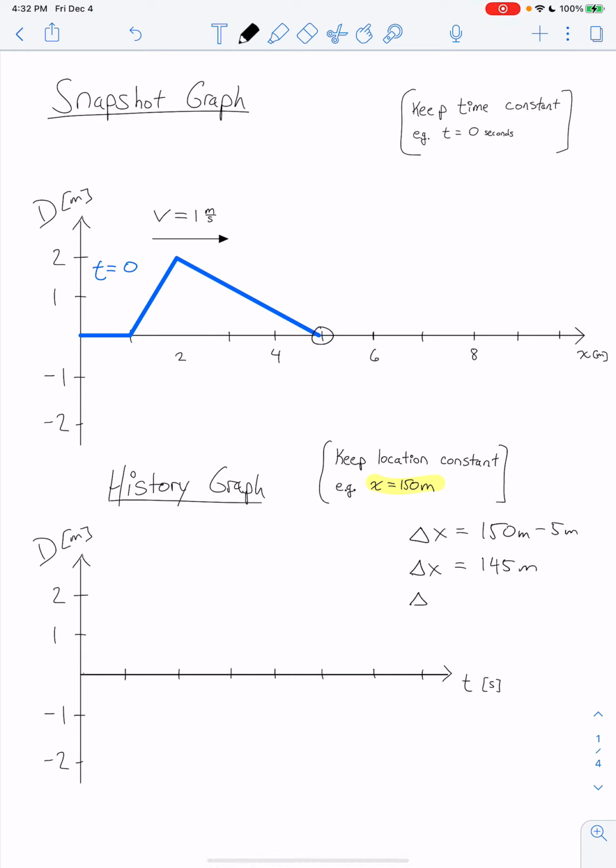We also know that the velocity of the wave is 1 meter per second. So that means that the time is going to be 145 seconds for the wave to reach that position. And so let's draw our axis here. So this is 145 and onwards.